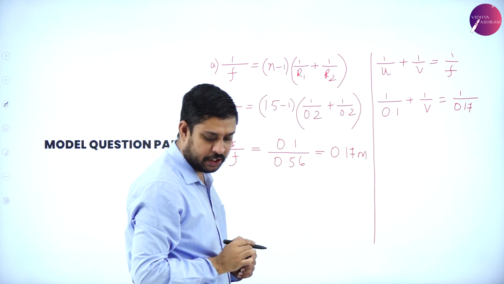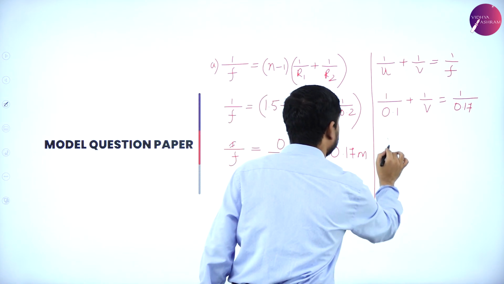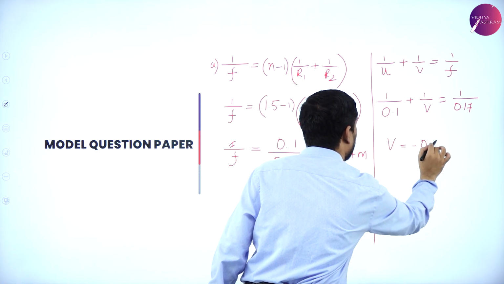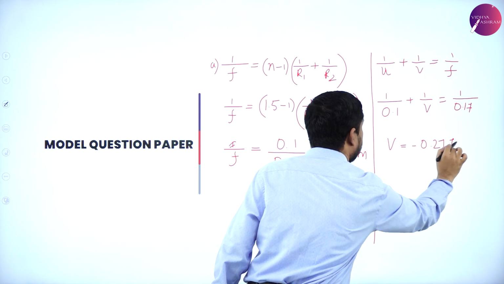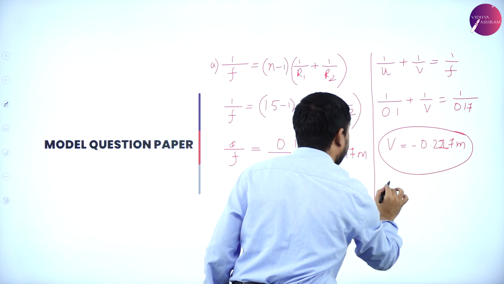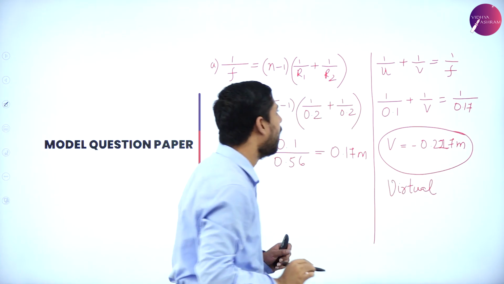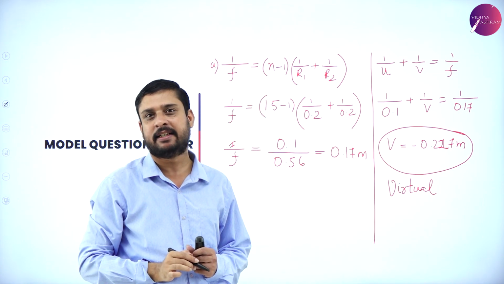On calculation, V is minus 0.227 meters. So very clearly, because of the negative sign, it is virtual in nature.